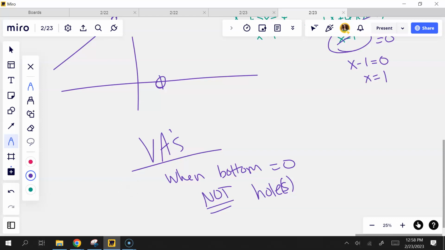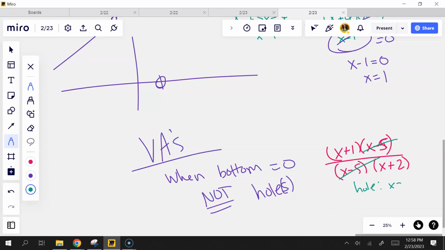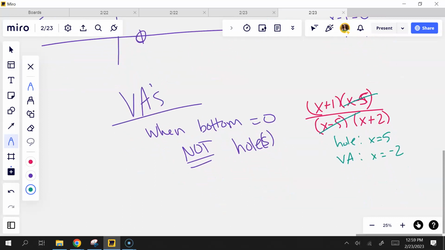Let's say I had (x plus 1)(x minus 5) over (x minus 5)(x plus 2). For this one, I'd have a hole at 5, but I'd have a vertical asymptote at negative 2. See the difference?